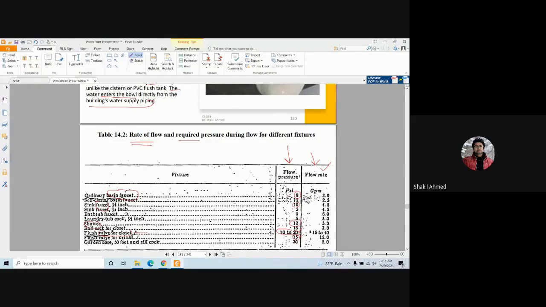Now this is not always consistent, by the way, as you can see here. This is gallon per minute. GPM means gallon per minute. Okay, flow rate, volume per unit time. So gallon per minute, GPM. It tells you how much flow rate is required in each of the fixtures.